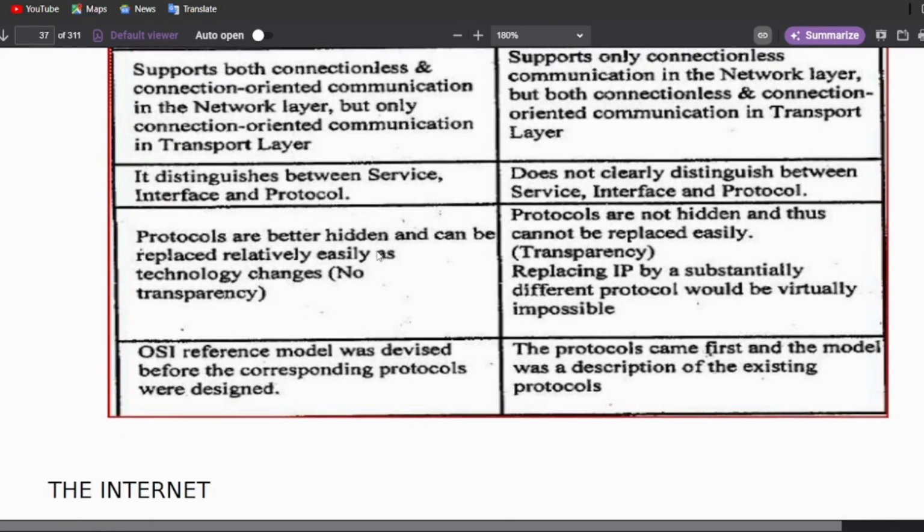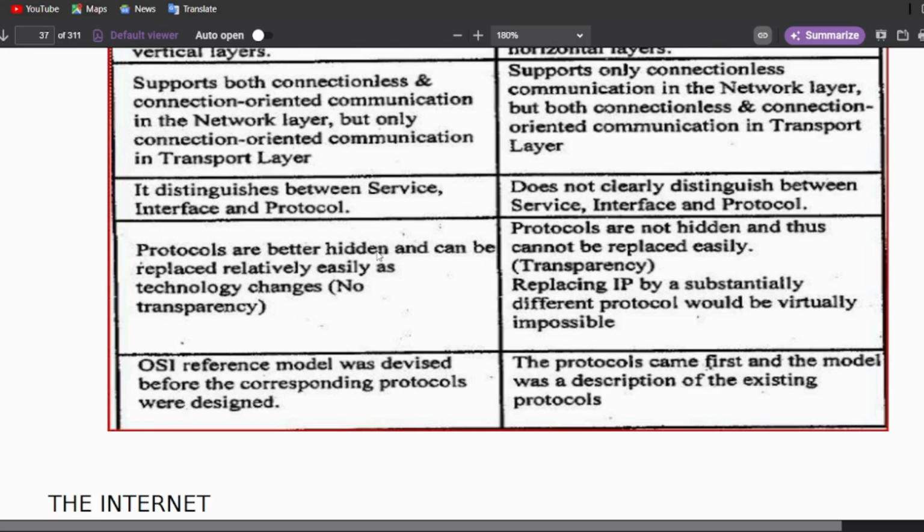When coming to OSI, the model was devised before the corresponding protocols were designed. In TCP/IP, the protocols came first, and the model was a description of the existing protocols.